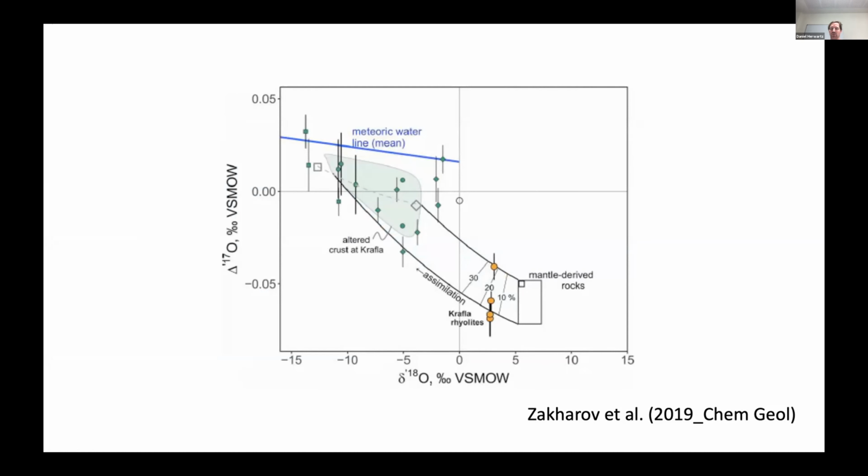And this is shown here for samples from the Krafla rhyolites, which also have low delta 18O, and they seem to be kind of on a mixing trend towards the hydrothermally altered rocks in triple oxygen isotope space. So that makes sense from these data here.